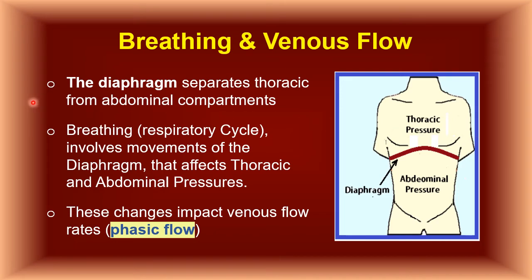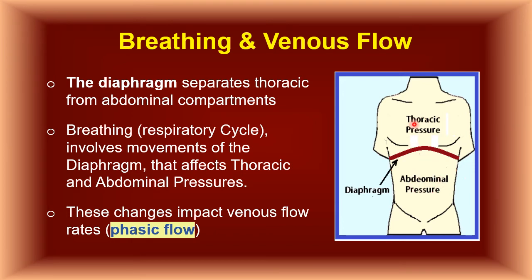Another factor that affects the venous return is breathing, or the respiratory cycle. We know that the main component in the respiratory cycle is the diaphragm. The diaphragm is a skeletal muscle that separates the thoracic from the abdominal cavities.